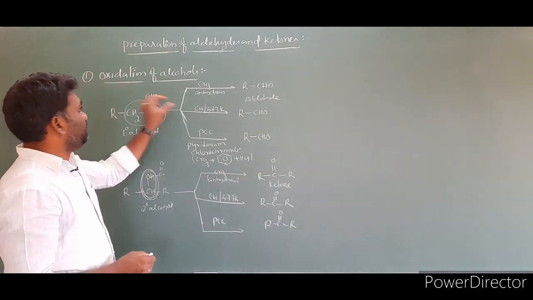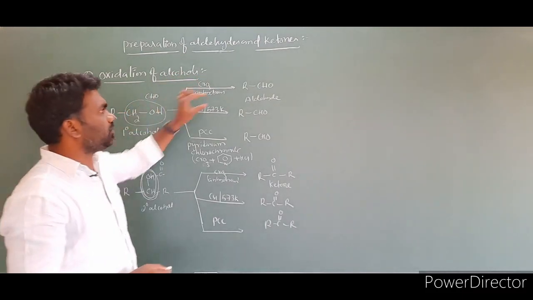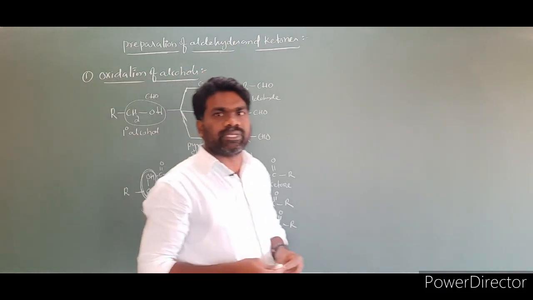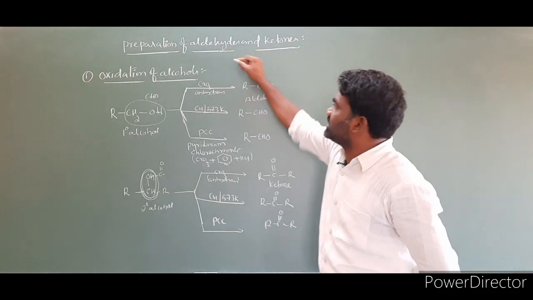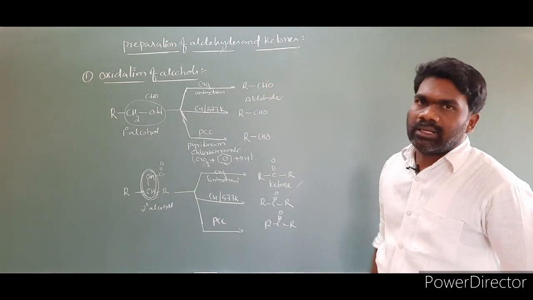If you take primary alcohols, CH2OH is converted into CHO, and aldehyde is obtained. So by using these methods, we are able to prepare both aldehydes and ketones. This is the common method.